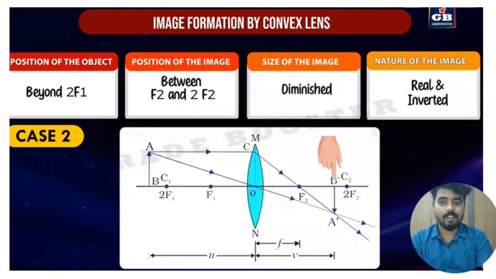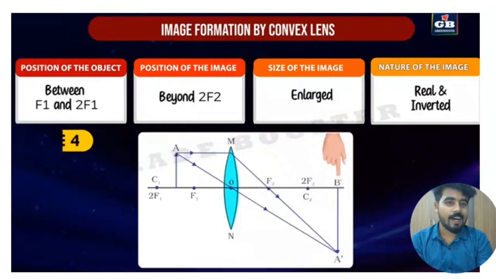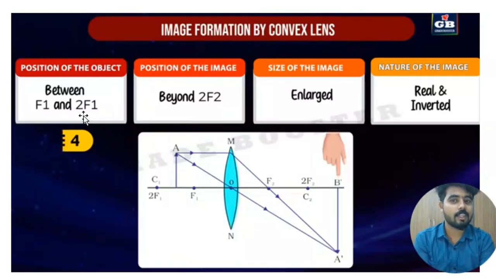Now we are moving to the last case study of convex lens. Here, please listen carefully. This is the most important topic in your board examination. Here, the position of the object is between F1 and 2F1, opposite to the second case study. So when the object is kept between focus and center of curvature, where will the image be formed?